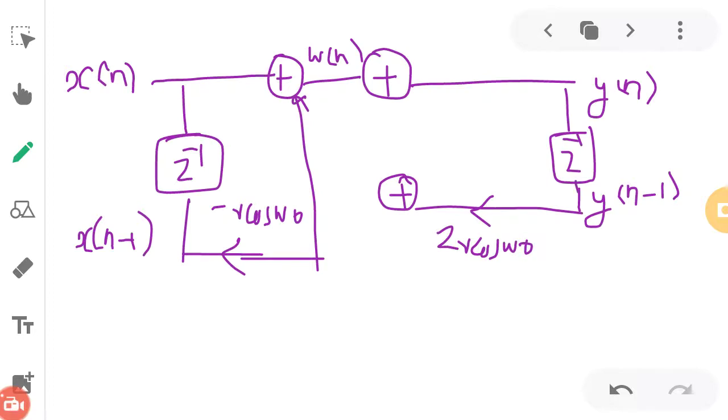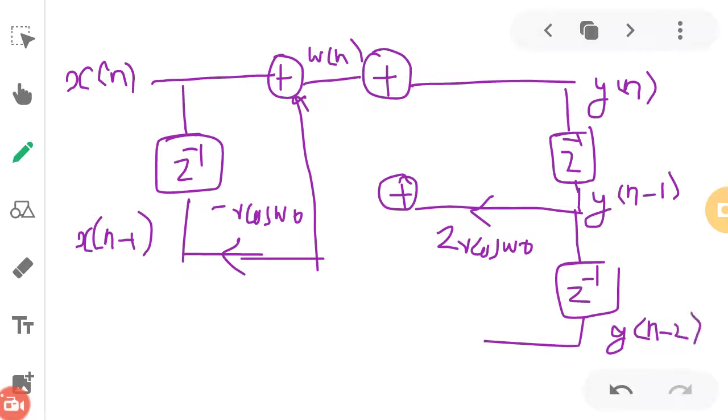And again we want y of n minus 2. For that we will take one more Z inverse, then we will get y of n minus 2, and the coefficient will be minus r square, and we will add this. Okay, this is the realization of the second order digital filter using the direct form 1 method.